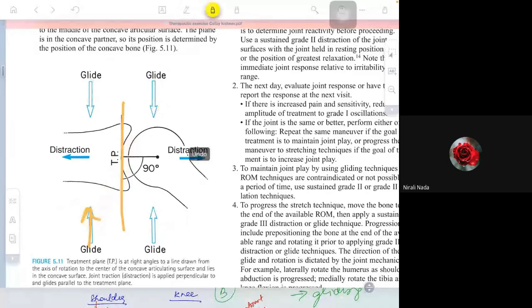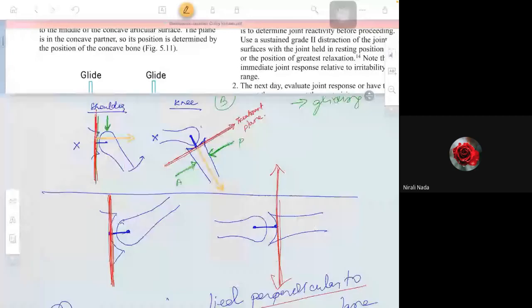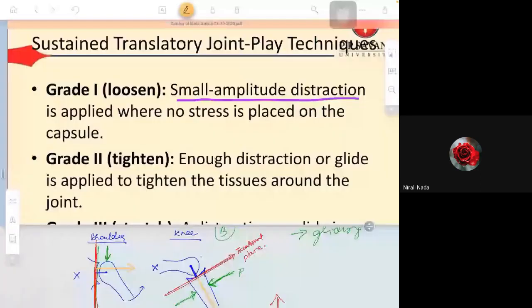Clear? And see the distraction. This is distraction, because you are applying it perpendicular to the treatment plane. So you should know this basic first before understanding these points.